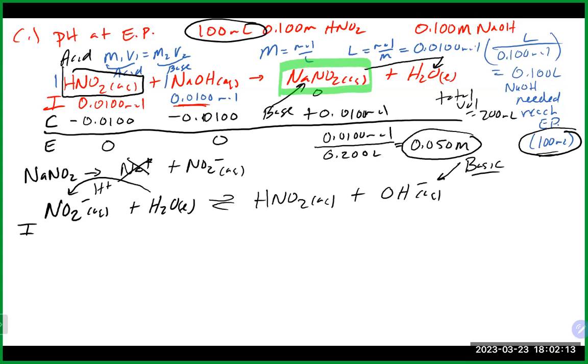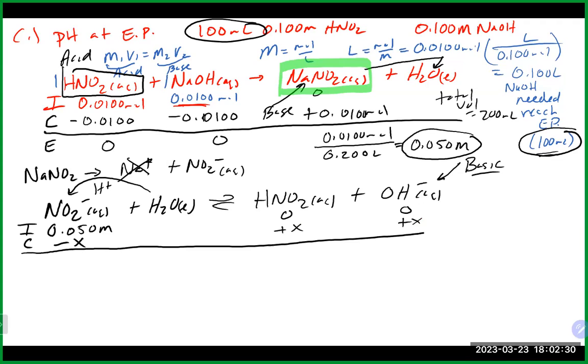We're going to carry down our molarity from the equilibrium line, and that will be our starting molarity here. The rest of these are going to be zeros and X's in this table. That means we got 0.05 minus X, X, and X.